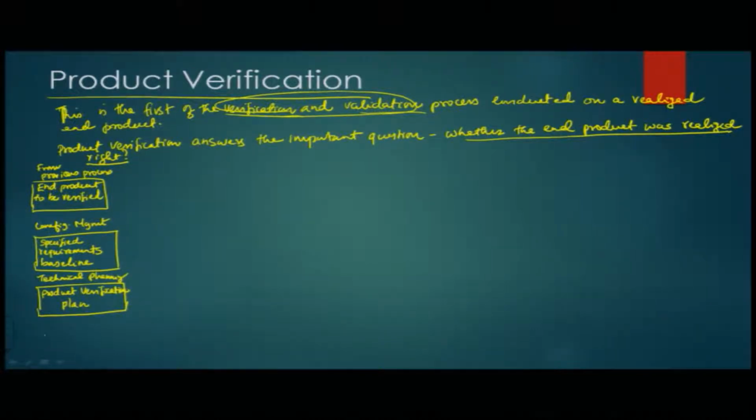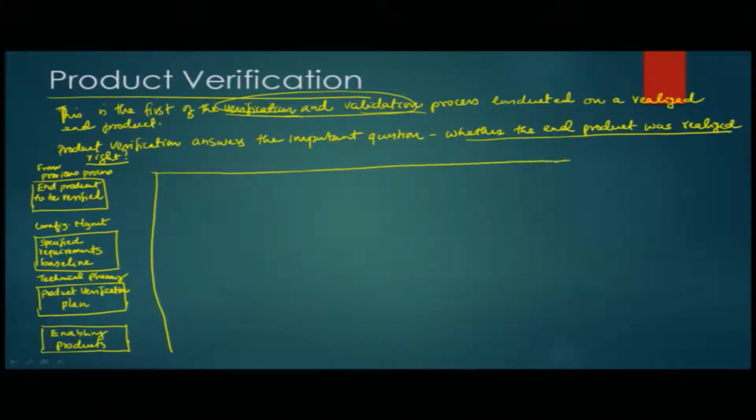Then come the enabling products, the last part. These four inputs go into the verification system.